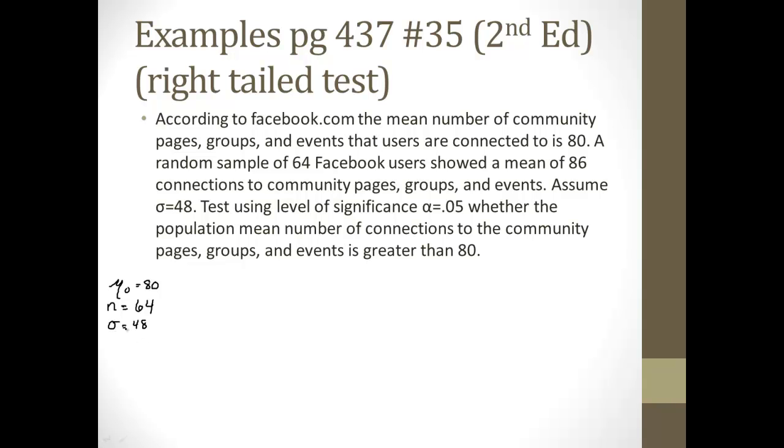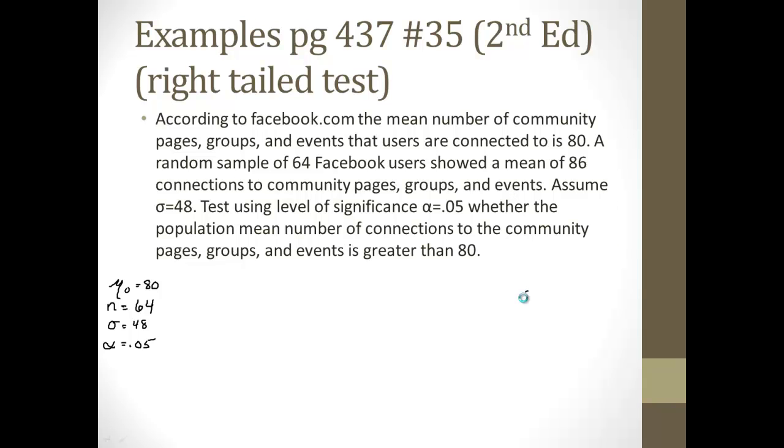And we want to test using level of significance 0.05, so alpha equals 0.05, whether the population mean number of connections to the community pages, groups, and events is greater than 80. This is a right-tailed test because we want to see an increase. We started at 80, we sampled at 86. We want to see if we have a statistically significant difference.